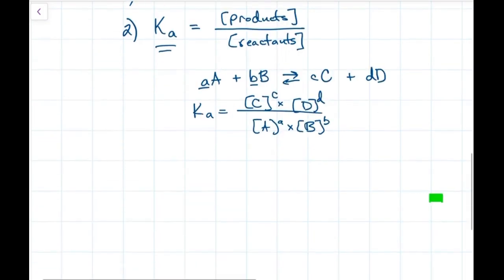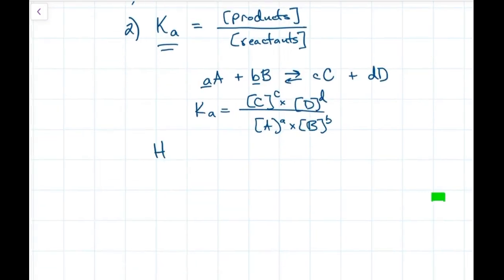So if we look at our example, a weak acid like HF, okay, we're going to get hydronium and fluoride. And remember, we can't express the concentration of water, so we're just going to ignore that for now.